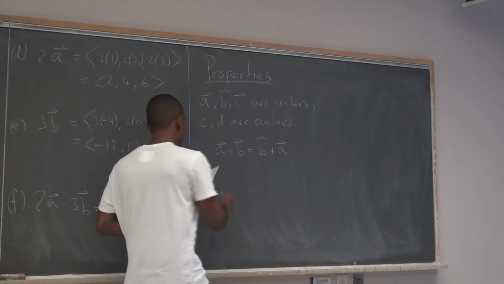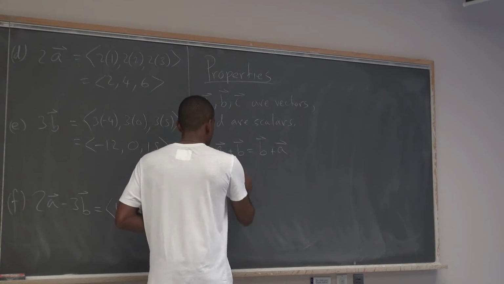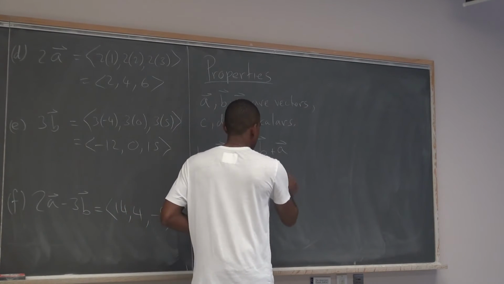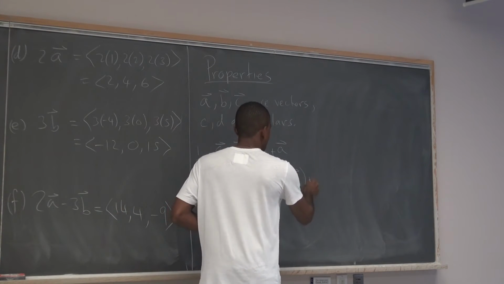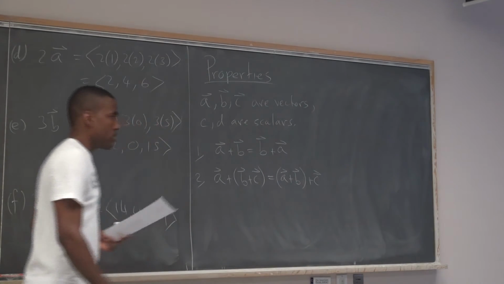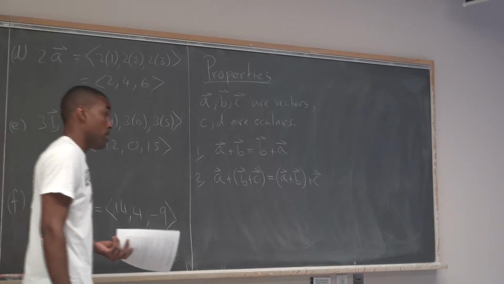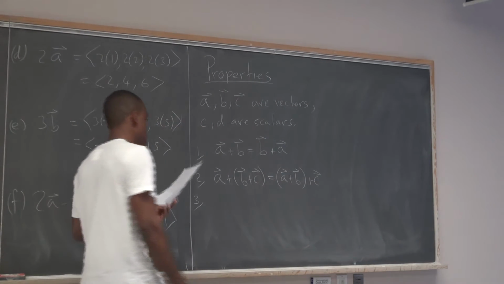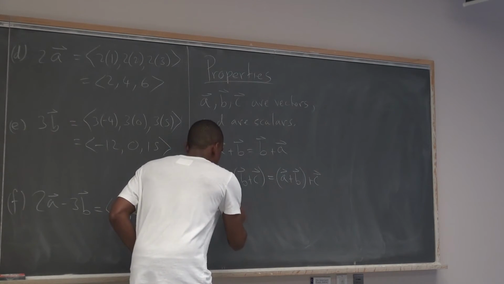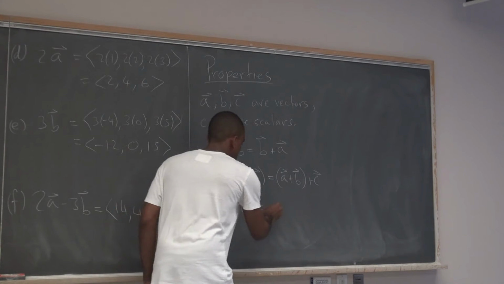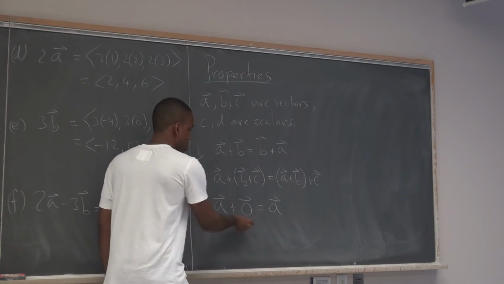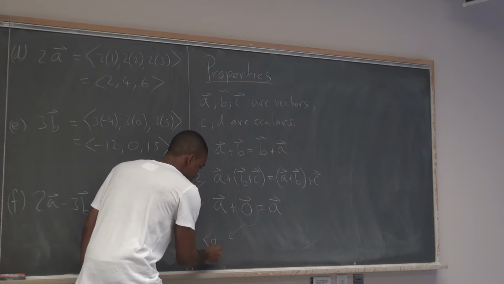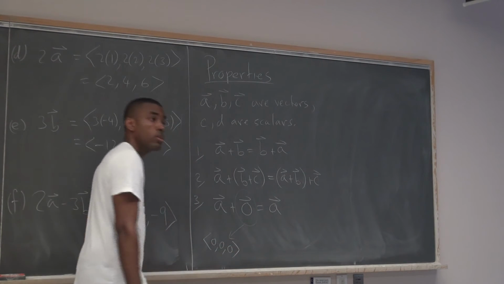It also turns out that we have associativity of addition. So A plus B plus C. If I'm adding three things, it actually does not matter which two I add first. So if I have several things, I just add them two at a time, and it doesn't matter what order I add them in, because we have associativity. A plus the 0 vector is just the vector A, where of course the 0 vector in our context happens to be the vector with all components 0.